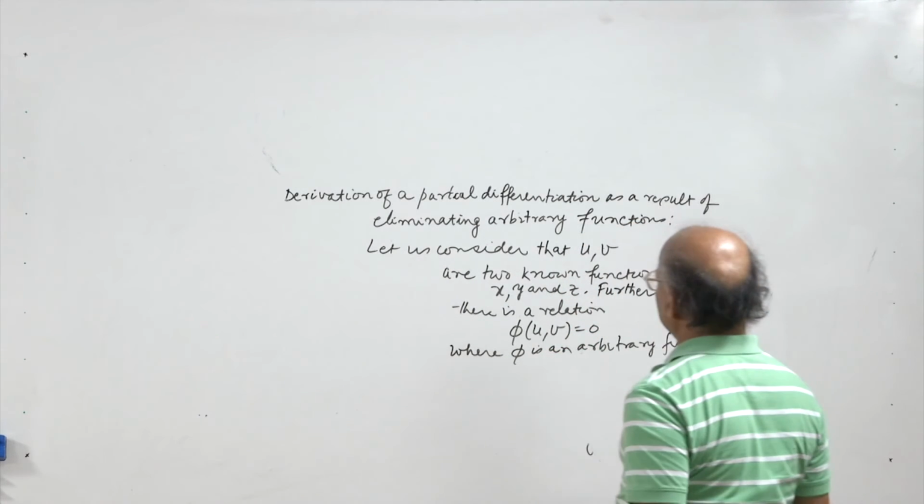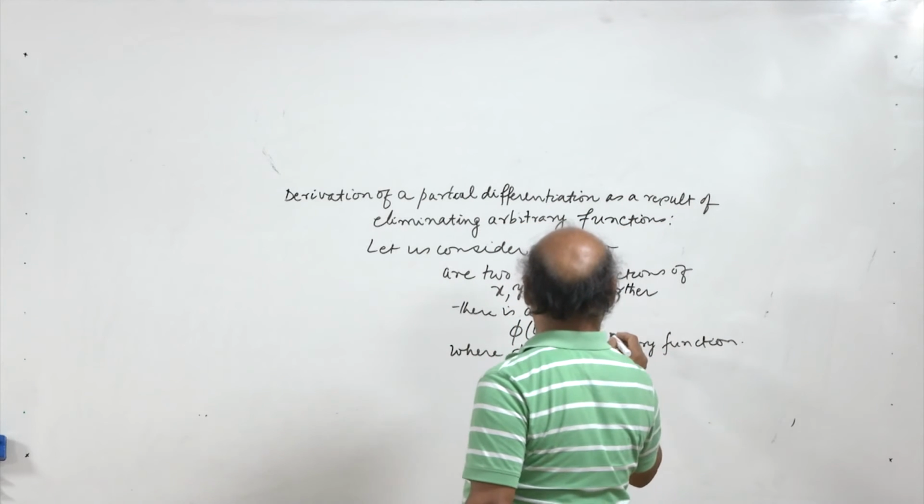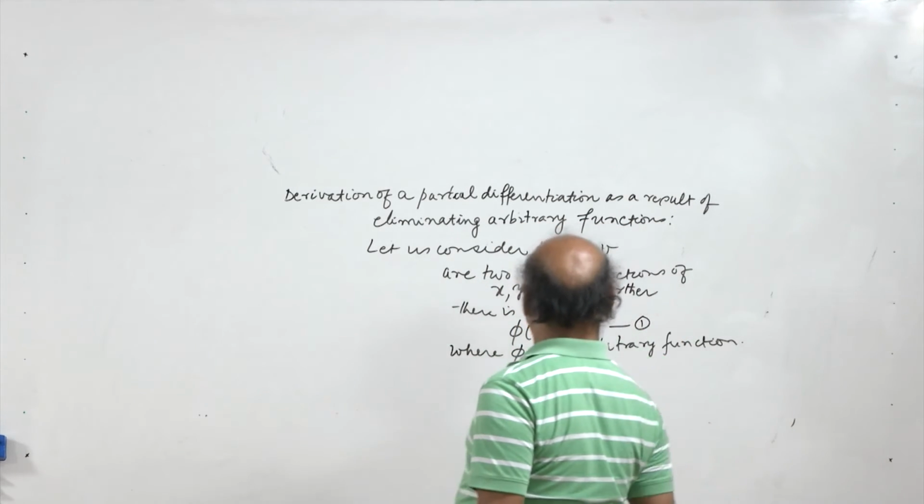So let us derive the partial differential equation from this relation phi(u, v) equal to 0.